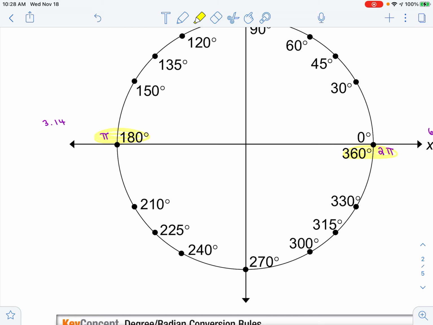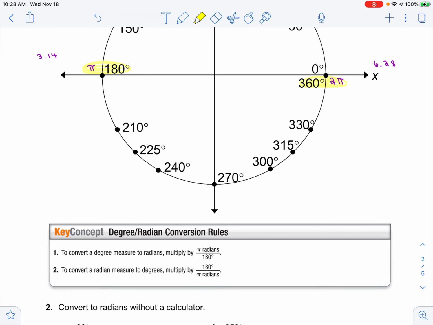Pi is equivalent to 180 degrees, or 2 pi is equivalent to 360. When you want to convert from one type of angle to the other, you have to use this understanding.